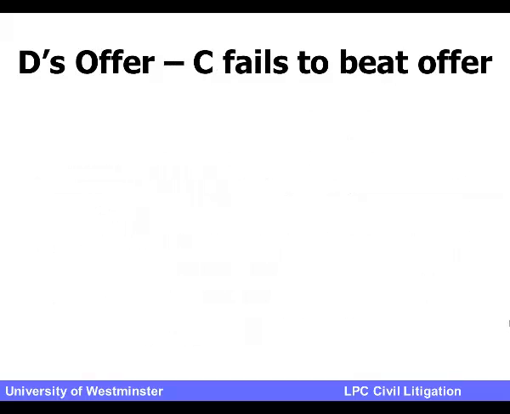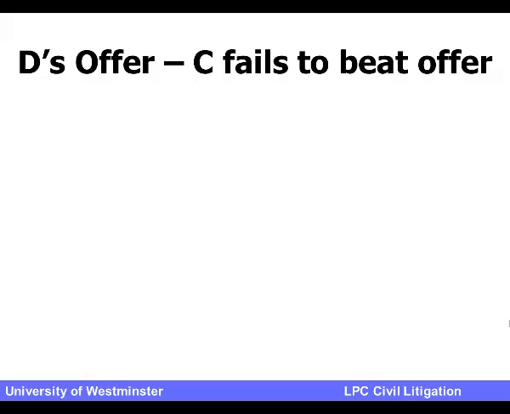Let's look then at the situation where the offer is not beaten in more detail. Turning first to the defendant's offer. There are different situations applying depending on whether it's the defendant's offer or the claimant's offer.